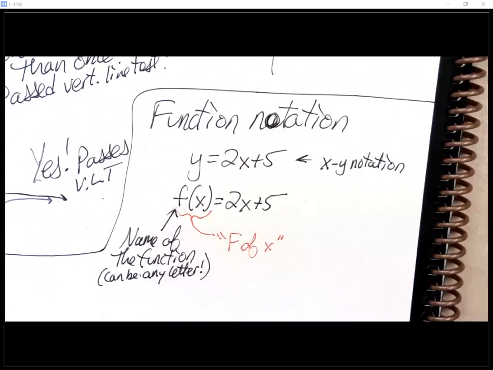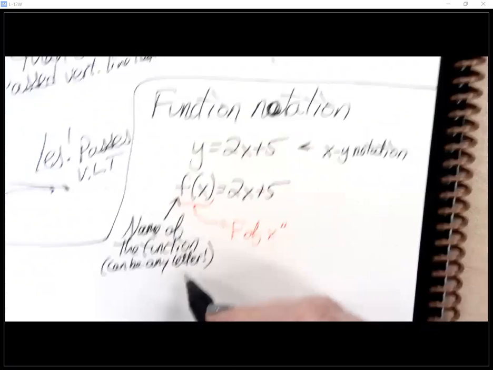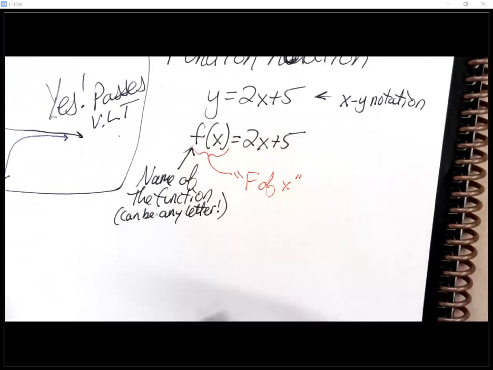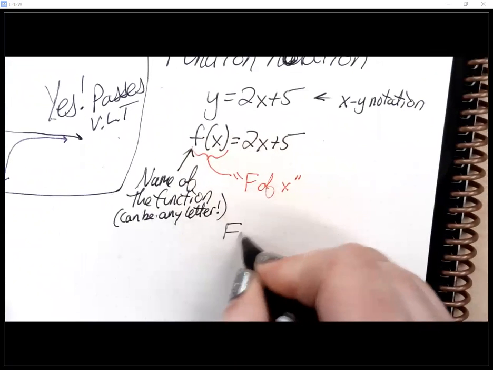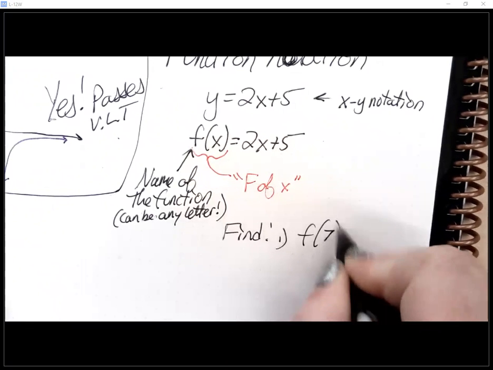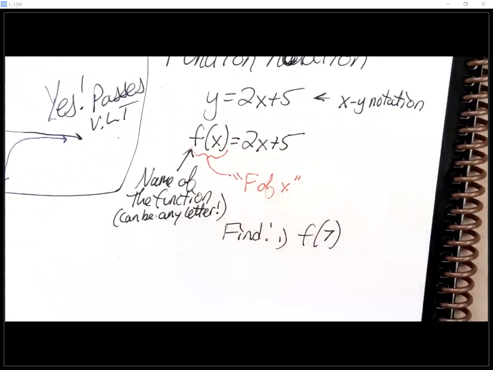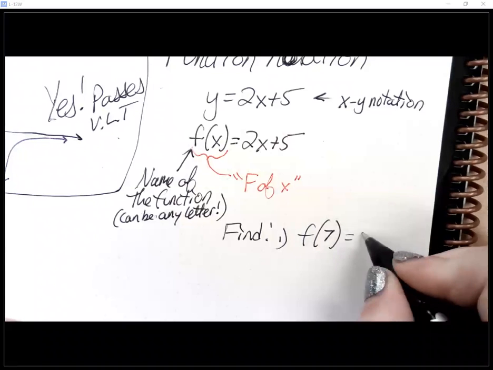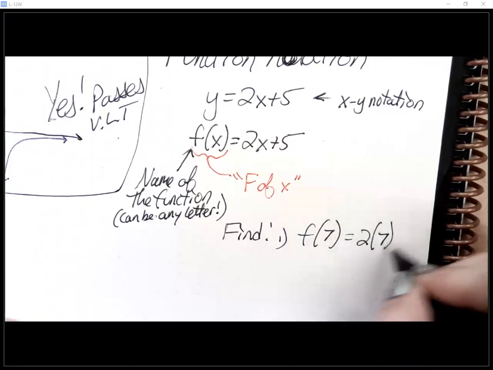So let's see what that looks like. If I come down here and just say find F of 7, it would look like that. All it literally means for you to do is take 7 and plug it into the right-hand side of the equation. So that's now going to look like 2 times 7 plus 5.